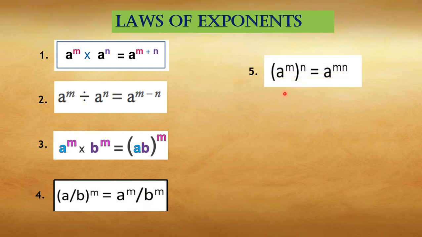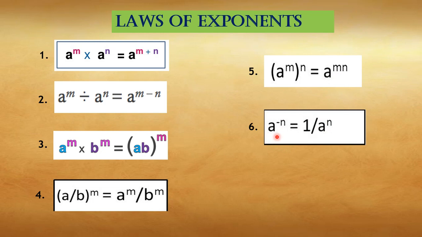For a raised to the power m whole raised to the power n, when an exponential number is given and again multiplied n number of times, the exponents are multiplied. So a raised to the power m whole raised to the power n is equal to a raised to the power m into n.